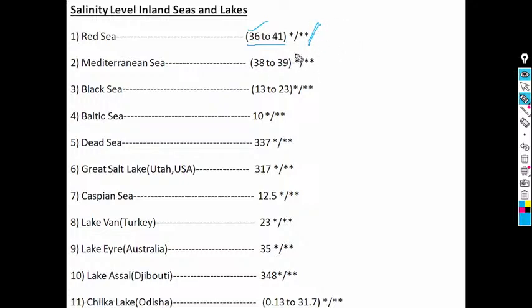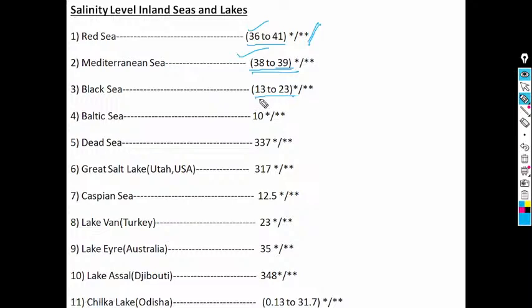I will discuss why it is so high there. The Mediterranean Sea is 38 to 39 percent.